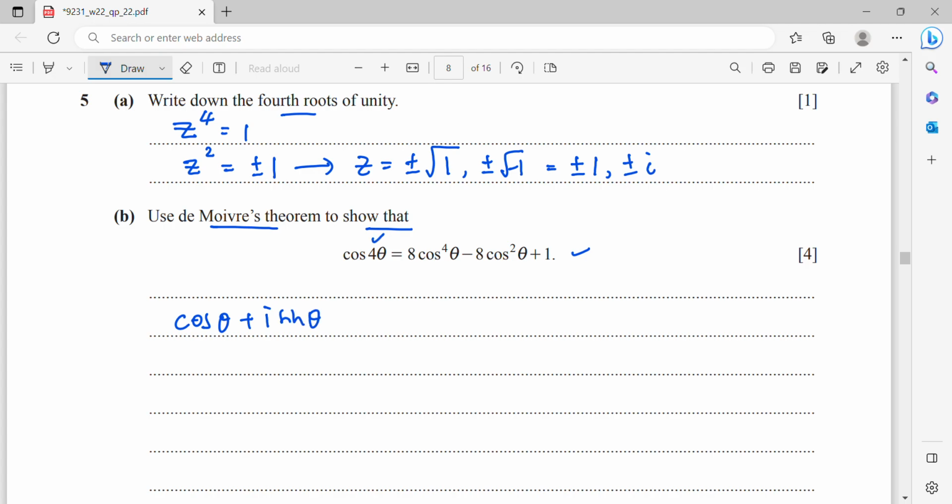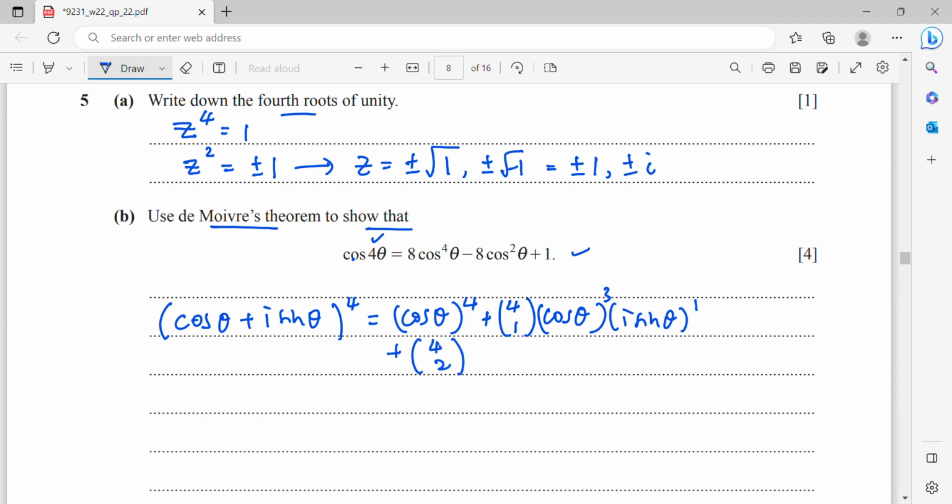Now, due to the 4 theta on the left-hand side, cos 4 theta, therefore the power for this expansion must be 4. Now, according to the binomial theorem in the formula list, it will be cos^4 theta plus 4C1 cos^3 theta times i sin theta, then plus 4C2.